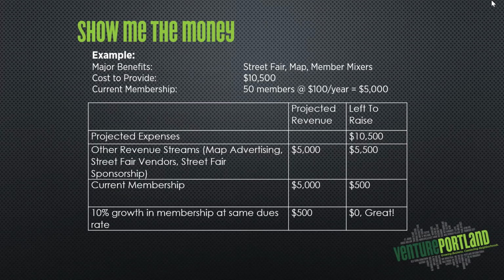So that could be grant revenue, it could be sponsorship, it could be advertising revenue, vendors, that sort of thing. So, how much are you planning on bringing in through those activities? Subtract that from your total expenses. And then look at, what did you bring in last year with your current membership? If you were to keep your membership at the same rate and you got everybody to sign up again, what would you bring in?